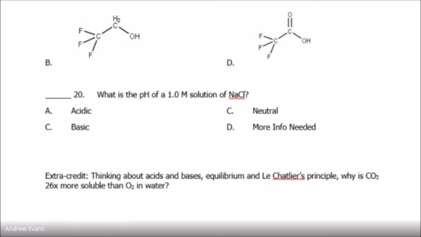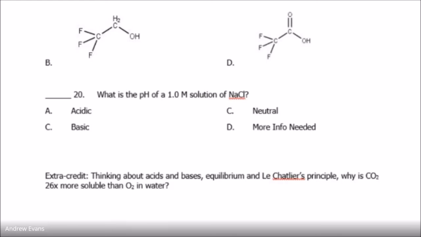The last question, thinking of acids and bases, equilibrium and Le Chatelier's principle. Why is CO2 26 times more soluble than oxygen in water? Well, that has to do with a common acid, carbonic acid. When CO2 dissolves in water, it can produce carbonic acid, which can then deprotonate itself in water. As it's shifting to carbonic acid and hydrogen carbonate, it is removing product from the last step.